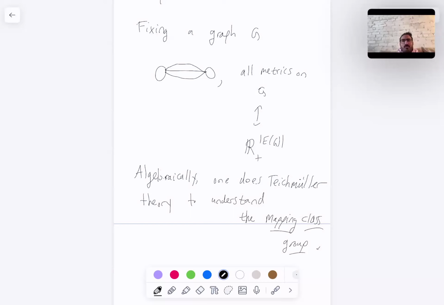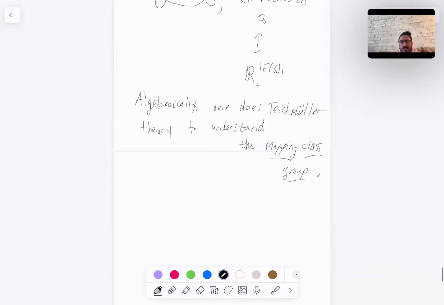So the Teichmuller space, the space of hyperbolic metrics on a fixed surface, admits a very beautiful action of this group. And through the geometry of the space, there's information that is encoded about the algebra of the group. And so this is one of the motivations for doing Teichmuller theory.